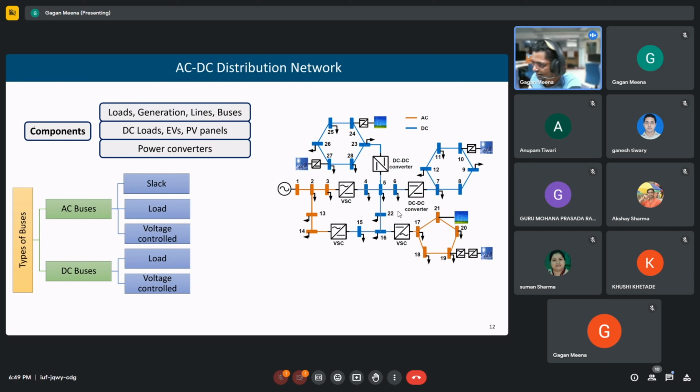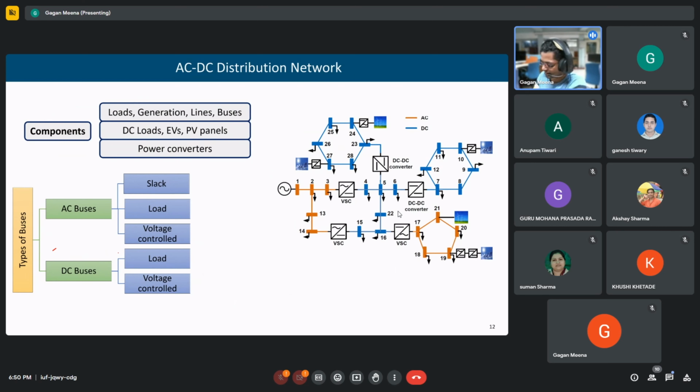What is the difference? R by X is less in transmission network and more in the distribution network. Yes, correct. So the R by X ratio is quite high in the distribution system, and because of that, we are not able to use the power flow algorithms that we use for the transmission system.